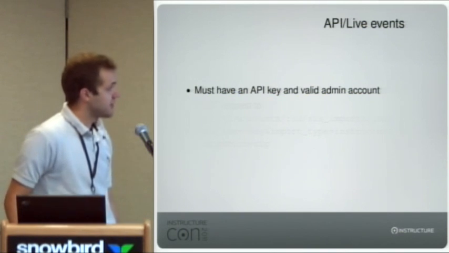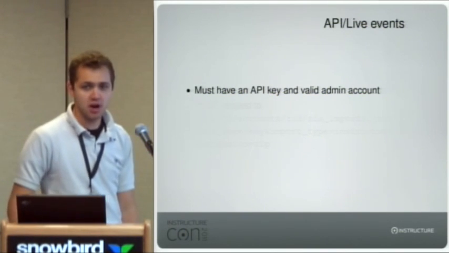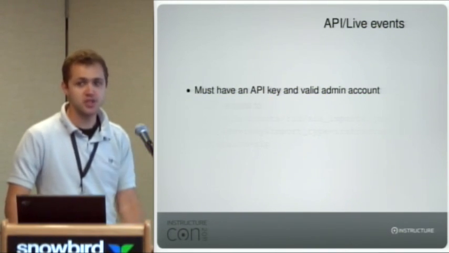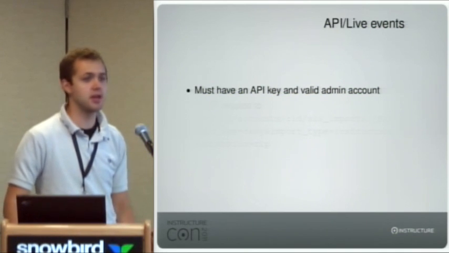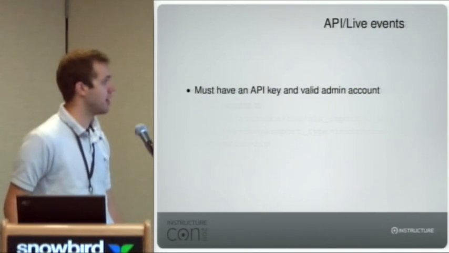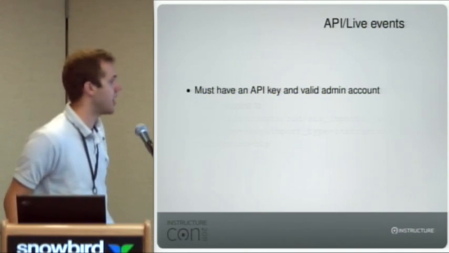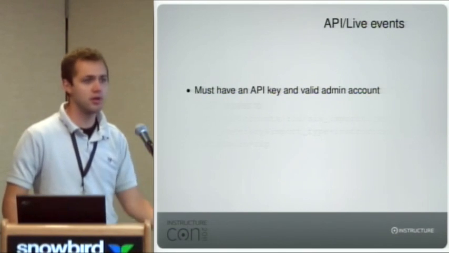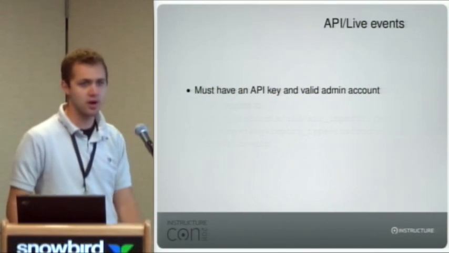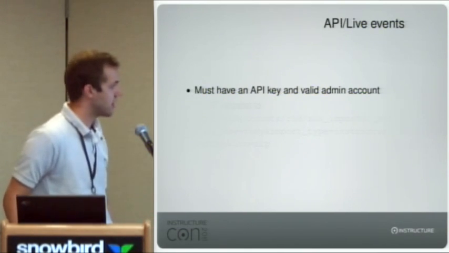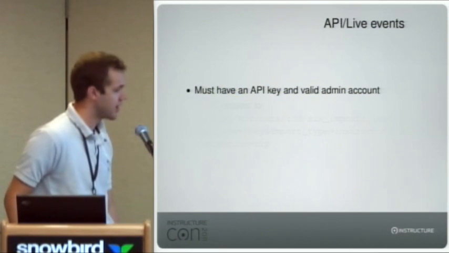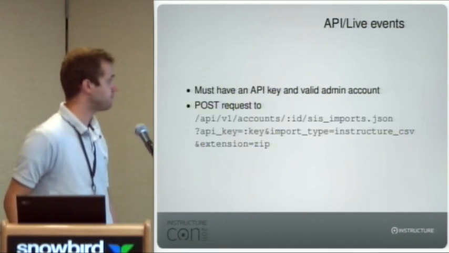So if you want to do live events, if you went to John's talk on the API, it just uses the API. You can submit XML or CSV or zip files through the API. Same sort of things apply. You need to have an API key, or the token, or however you want to authenticate, plain authentication through HTTP.